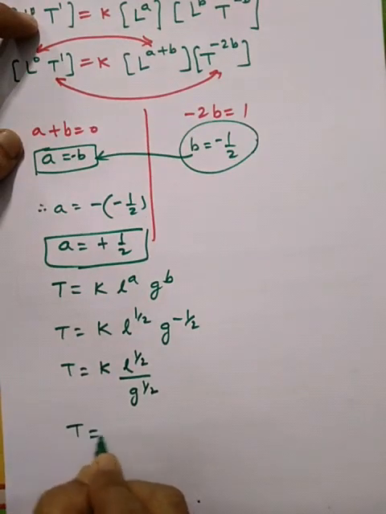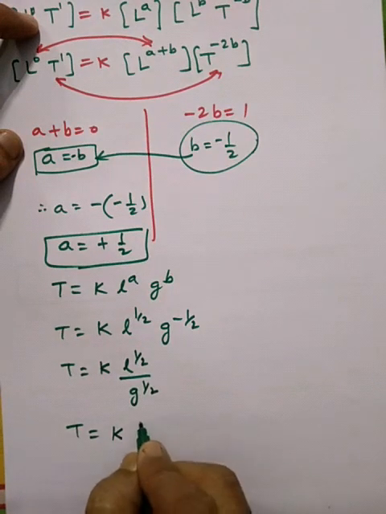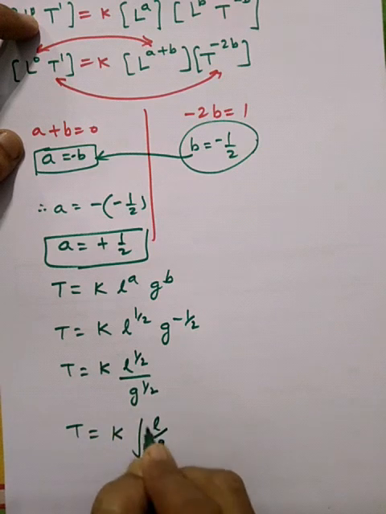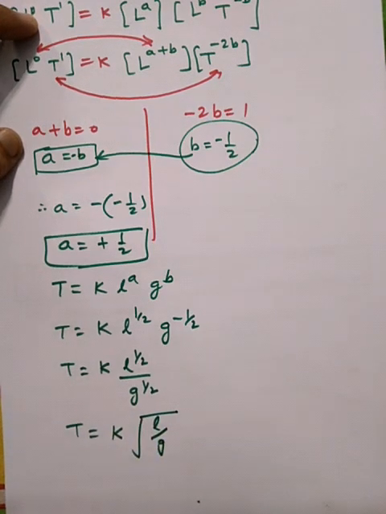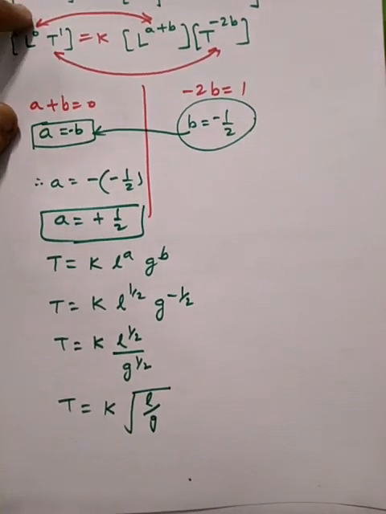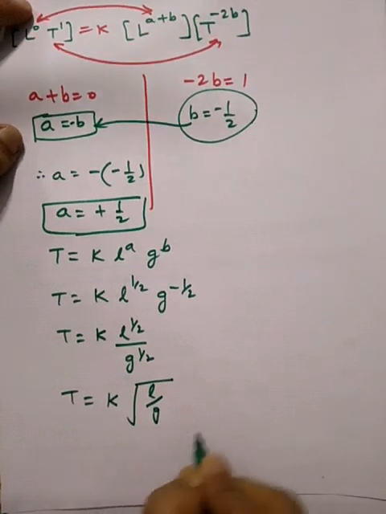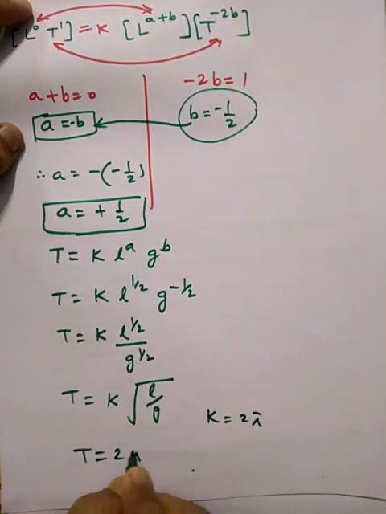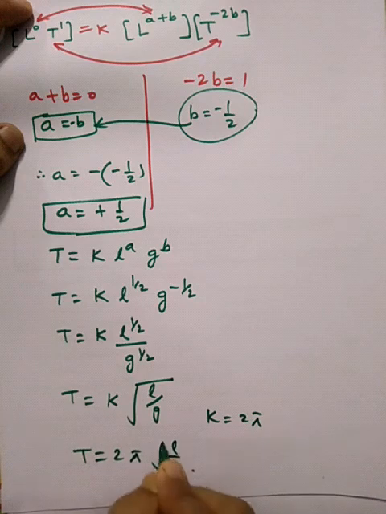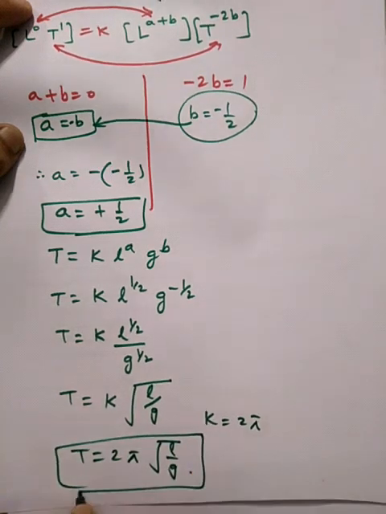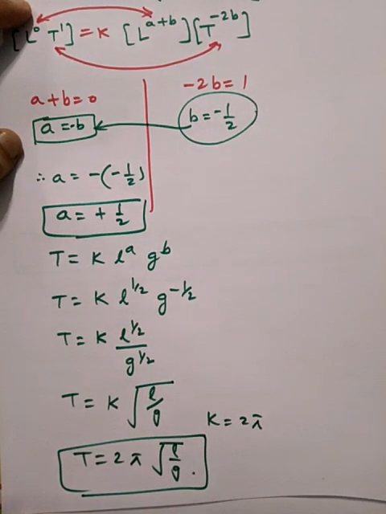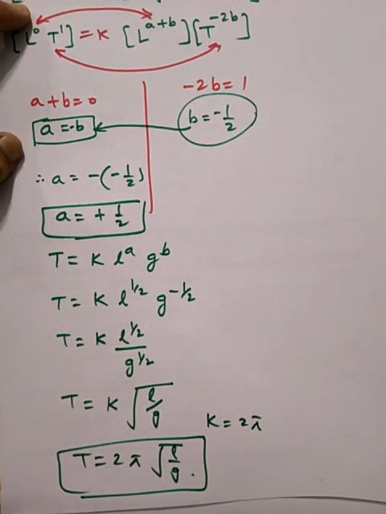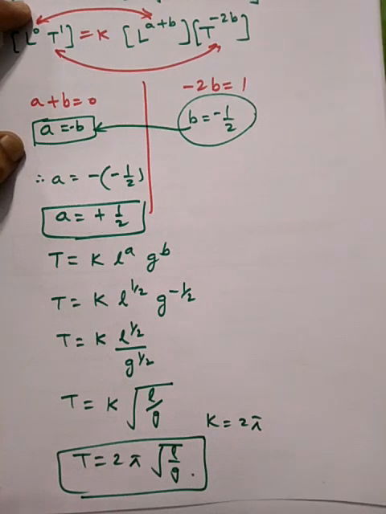Therefore T is equal to k root of L by g. This is the equation of period of a simple pendulum, where k is equal to 2 pi, therefore T is equal to 2 pi root of L by g. This is the method of establishing the relation between physical quantities. Okay, we will stop here.